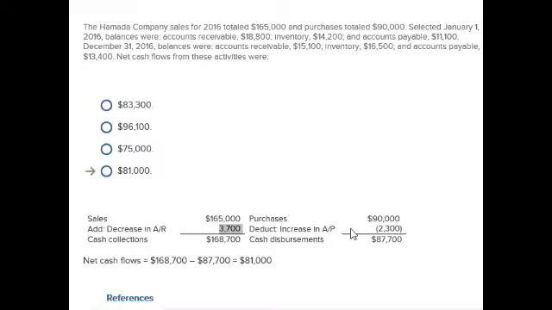I owe them even more money than at the beginning of the year. So that means I must have not paid them as much as I did previously. So that's why we are decreasing from purchases, because I did not pay as much as in the previous period.